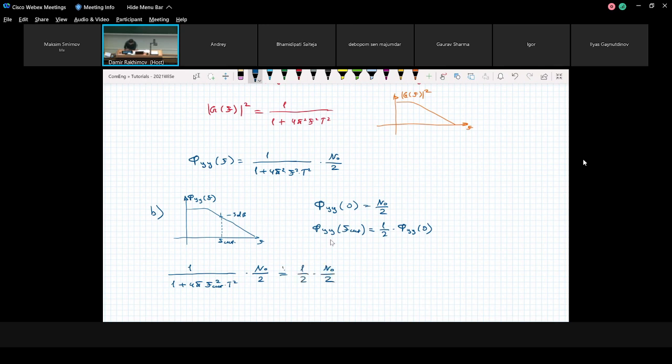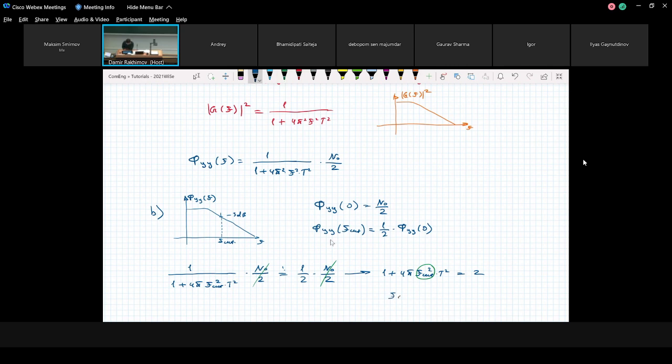Of course, you can cancel 2. And what you get is that 1 plus 4 pi f cut square times T square must be equal to 2. And from there, we can easily isolate f cut.